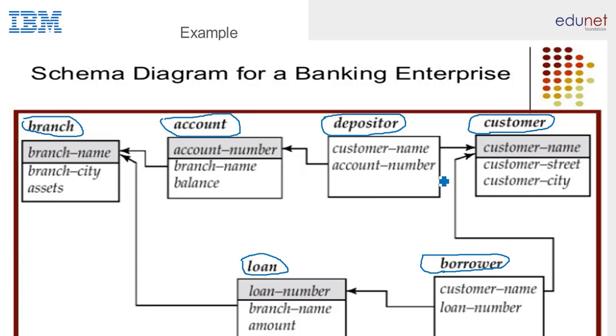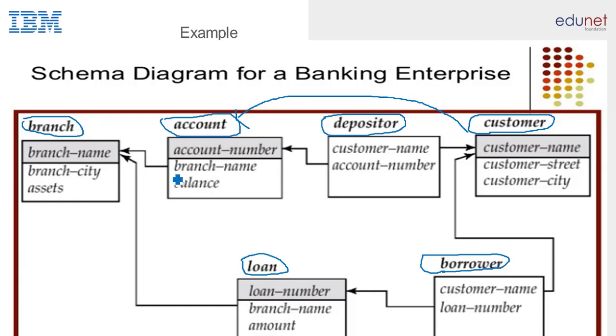So let's start with the customer. Suppose I am a customer going to the bank and opening my account. The customer table maintains each and every piece of information of the customer. The customer has an account, so they specify in which branch.